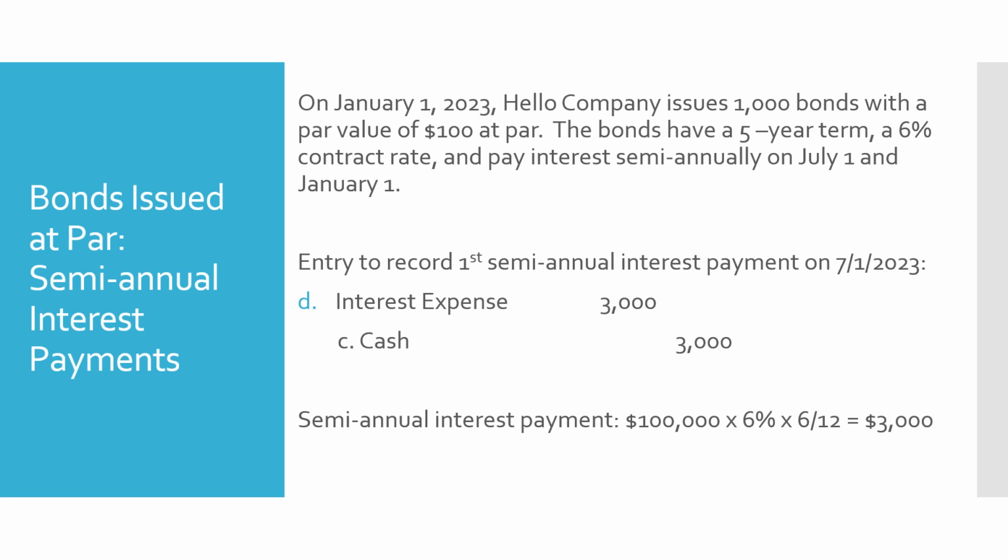We're going to say our semi-annual interest payment is the face amount of $100,000 times the annual interest rate times 6 over 12, or $3,000. So we issued the bonds on January 1 of 2023. 6 months later, July 1, 2023, we're going to make our first semi-annual interest payment, debiting interest expense and crediting cash for $3,000.